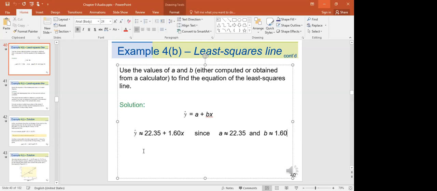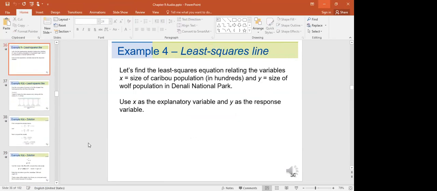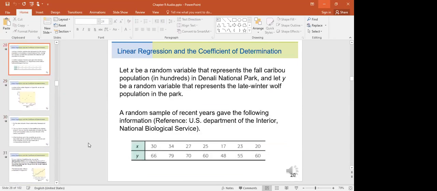For example, let's take an x value from the data we have. Recorded information from this pack told us that for a Caribou population of 3,400, we had 79 wolves.